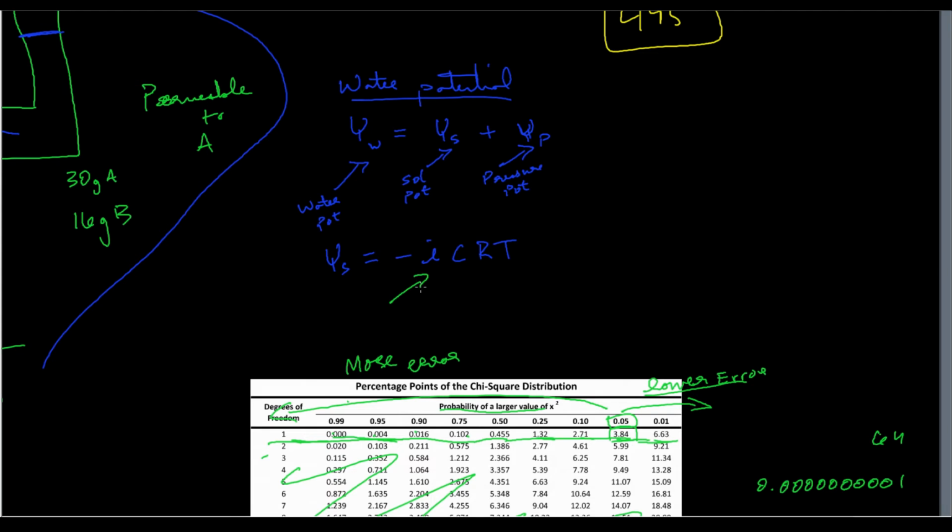So the i is the ionization constant. What the ionization constant is, for example, if you mix in salt, the NaCl will actually split up into two different molecules, so it'll act as two different molecules, and you have to take that into account.